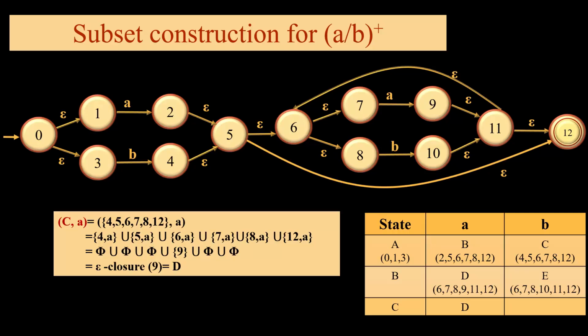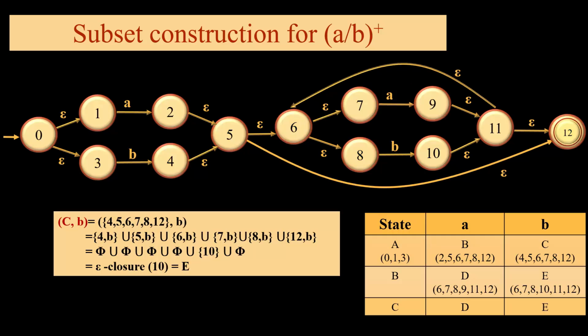Now we move to C comma A. C set was defined. When we check for C comma A, that is 4, 5, 6, 7 on A gives us 9, 8 and 12. So we have epsilon-closure of 9, that is D, which is already defined. Next we move to C comma B. 4, 5, 6, 7, 8, 8 comma B gives us 10.